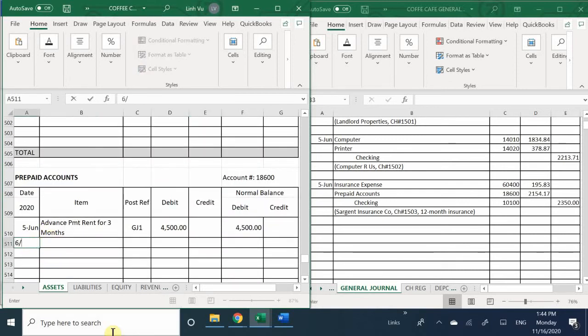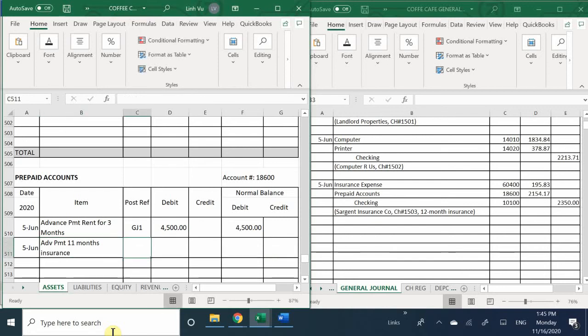So here I'm going to go ahead and make a note on the date. And I'm also going to indicate that I had an advanced payment, PNT, for 11 months insurance.